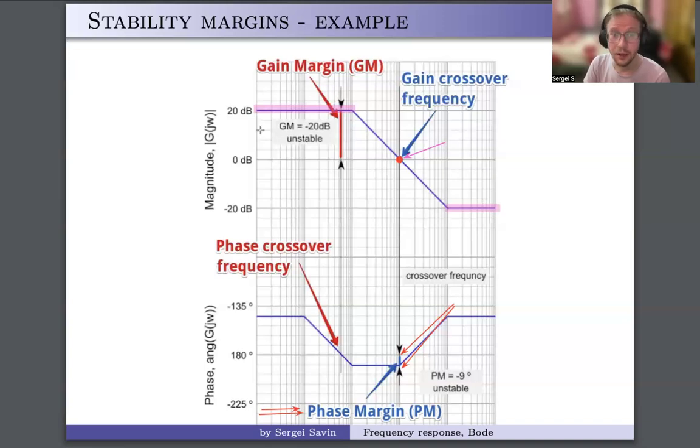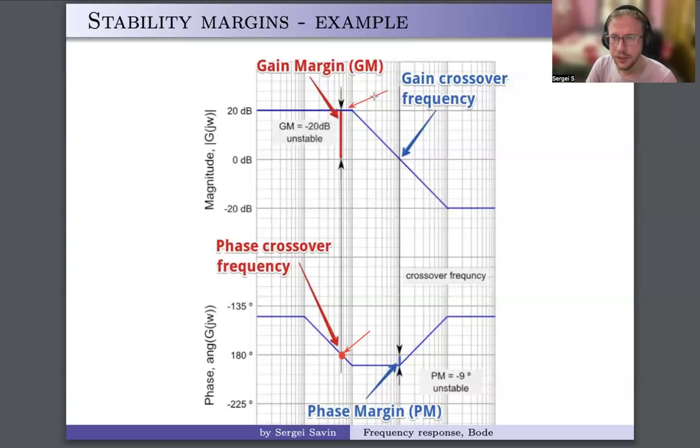Okay. We can do the same for gain, so for amplitude. Let us look at this. So here at this point, we arrived at minus 180 phase, right? So we are at this dangerous point when the phase is minus 180. Thankfully, at this very point, the gain is minus 20 decibels, right?